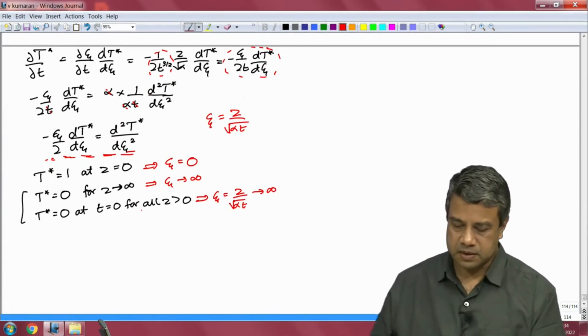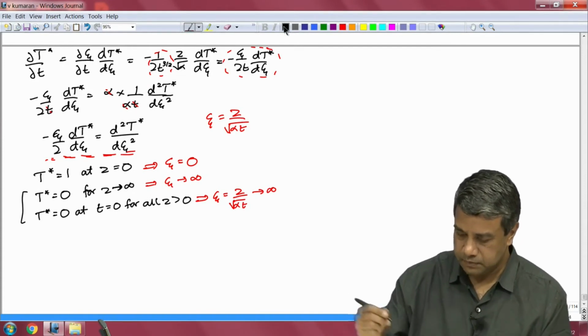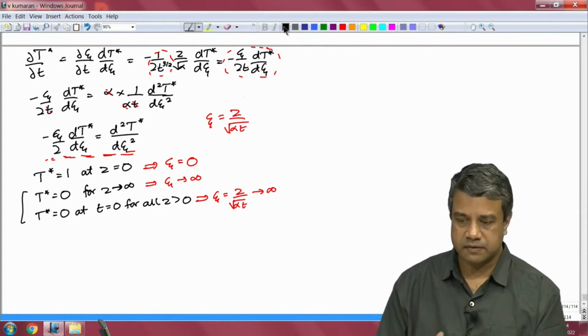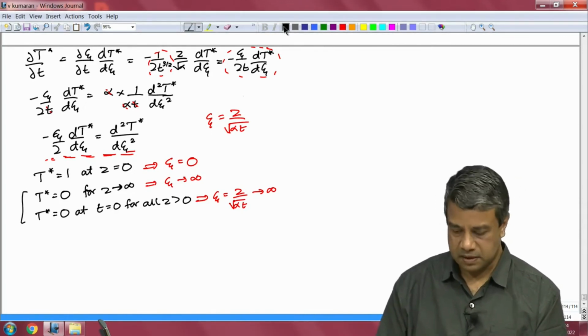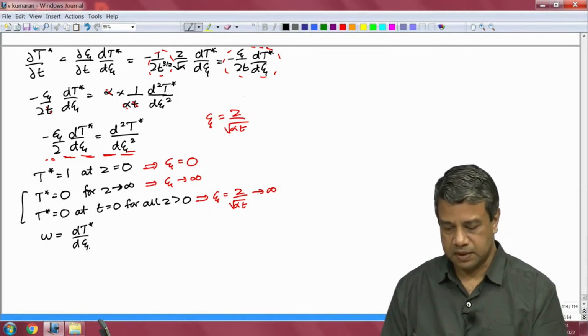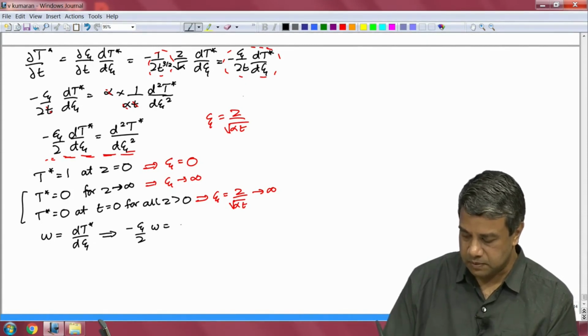So, let us see how we solve this. You can see that there is a second derivative on the right side and a first derivative on the left side in this equation. Therefore, I can define a new parameter which is dT by d psi, w. If you define it that way, this becomes minus psi by 2 into w is equal to dw by d psi.